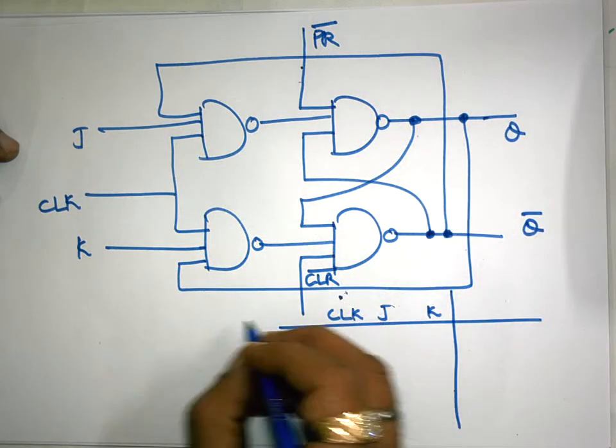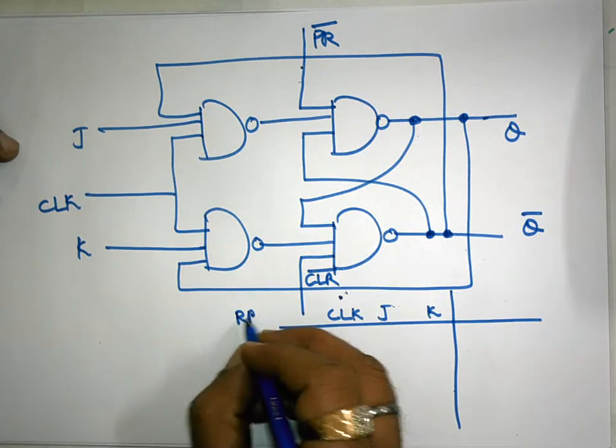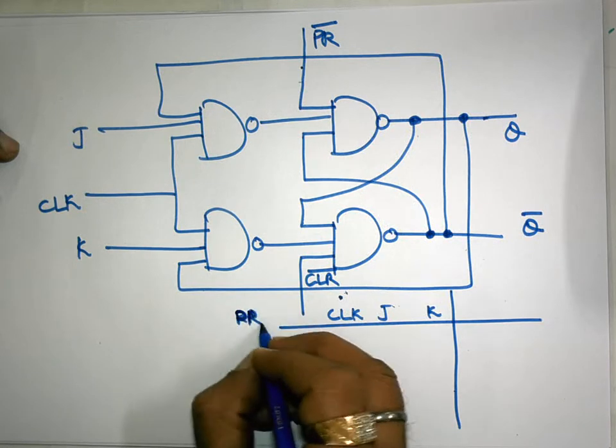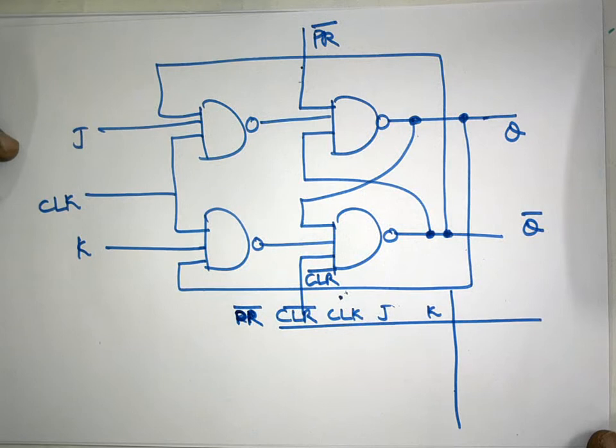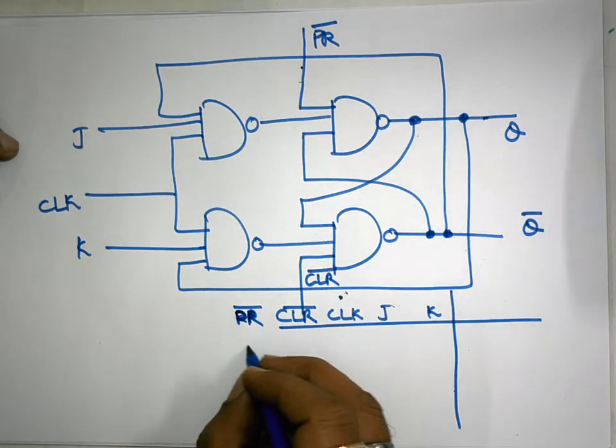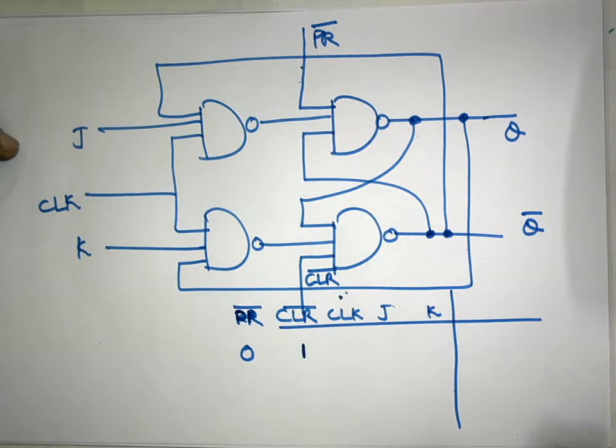So we have two extra inputs, that is preset and clear. Now it is a 5 input situation. J, K, preset, clear and clock. Now suppose preset is 0, clear is 1.